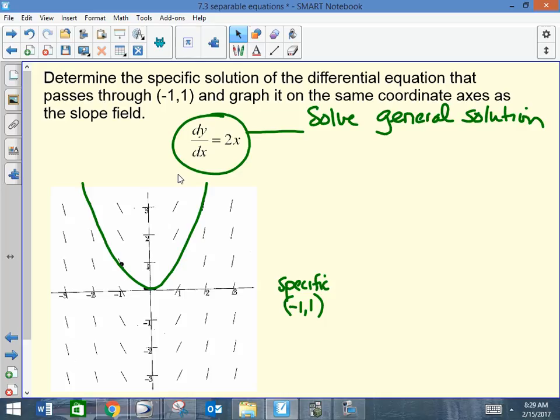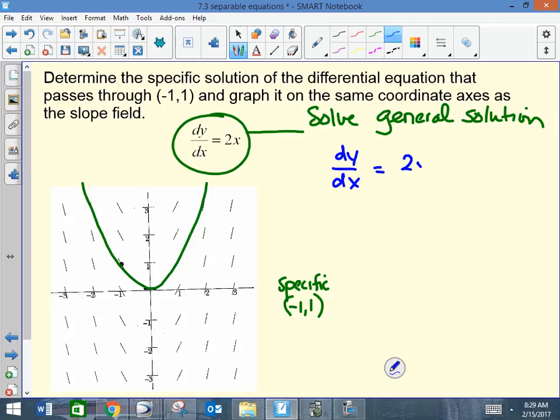All right. So dy/dx becomes what when they're separated? Okay, you might want to put a 1 in front of that, just to remind you there is. So that would be y equals x squared.